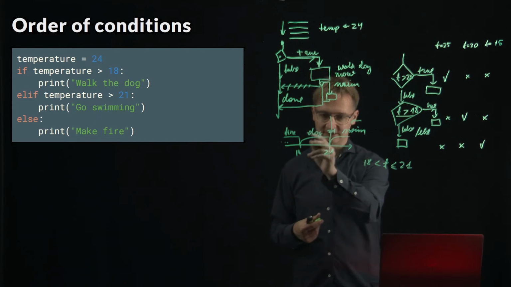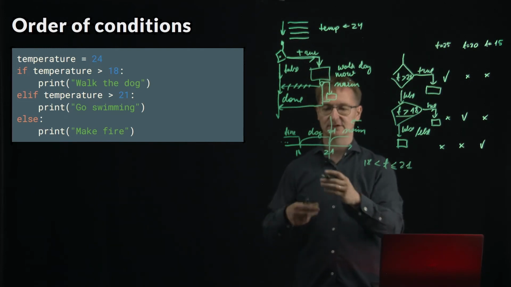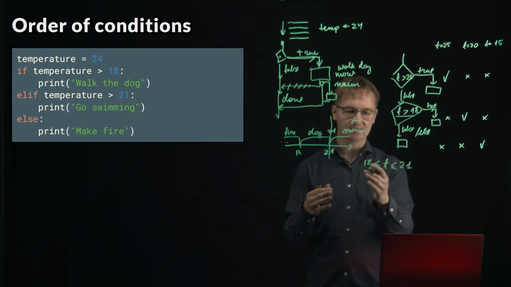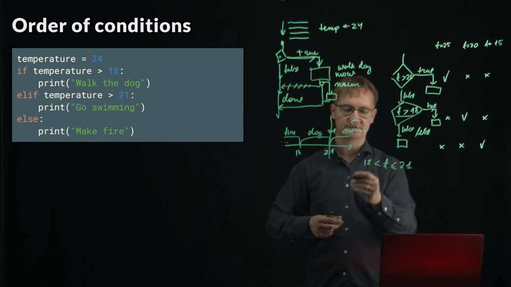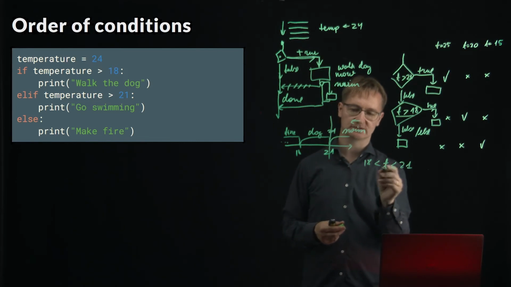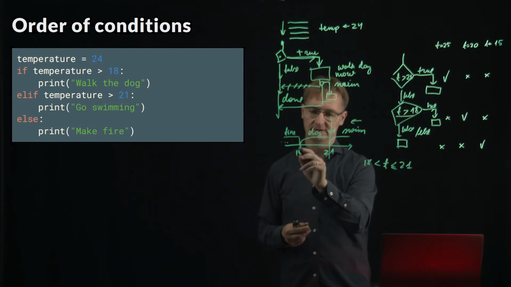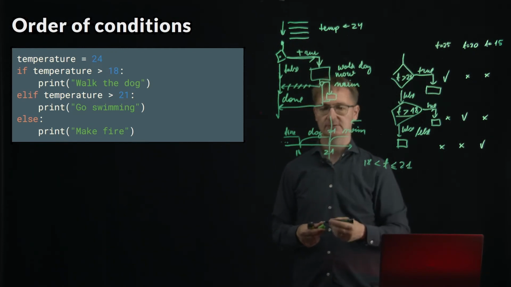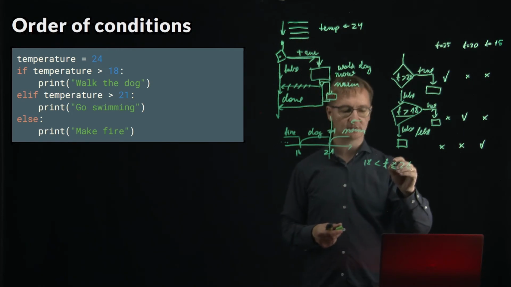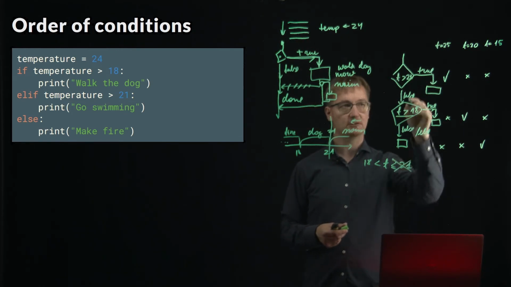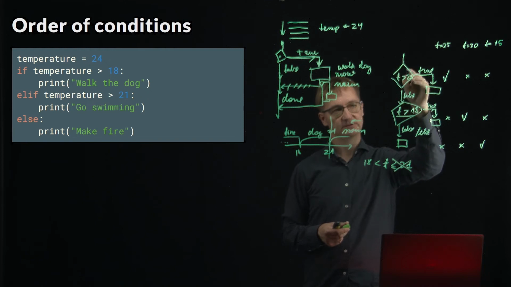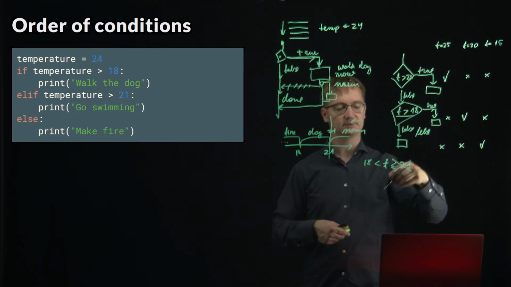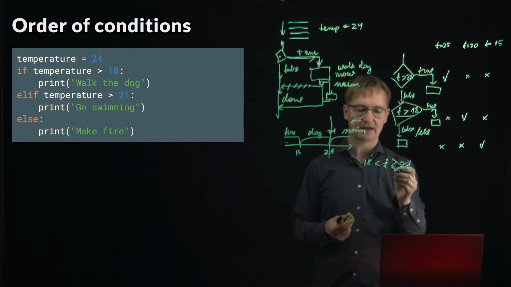To make sure that we are inside the correct area, like between two points of temperature, we can have two conditions. So it should be above 18 and less or equal than 21. But we ignored this part because the first condition here would already kind of take care of this part.